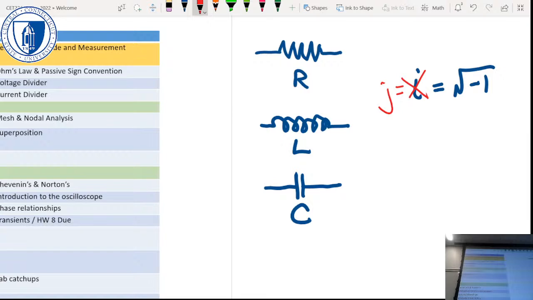The reason electrical engineers use j instead of i is because we electrical engineers use I to represent current. V equals IR, only. And to stop things getting confused, we use j. Okay, bit of a tangent.